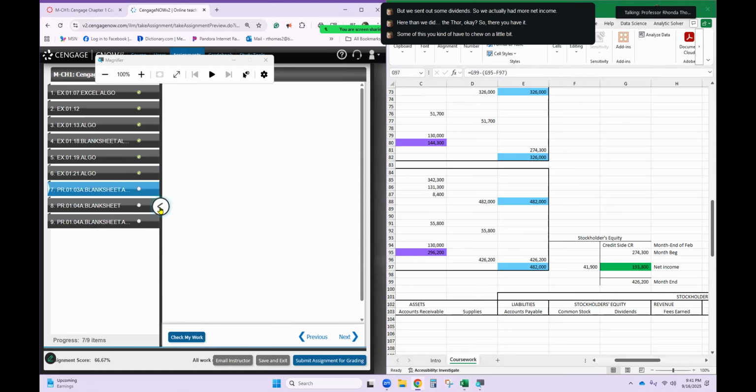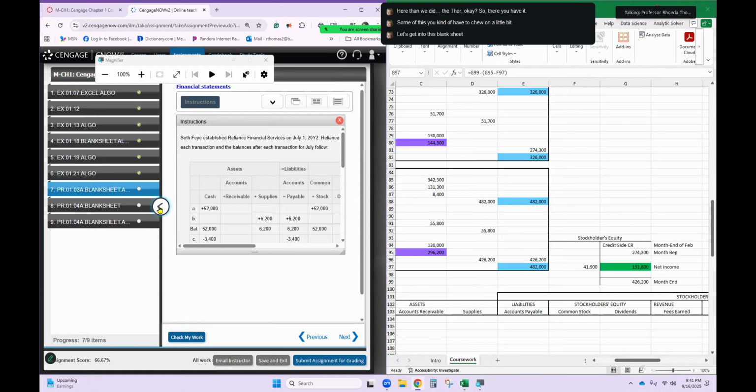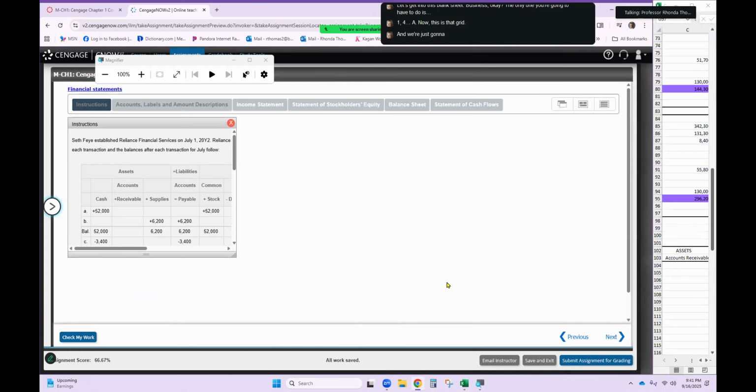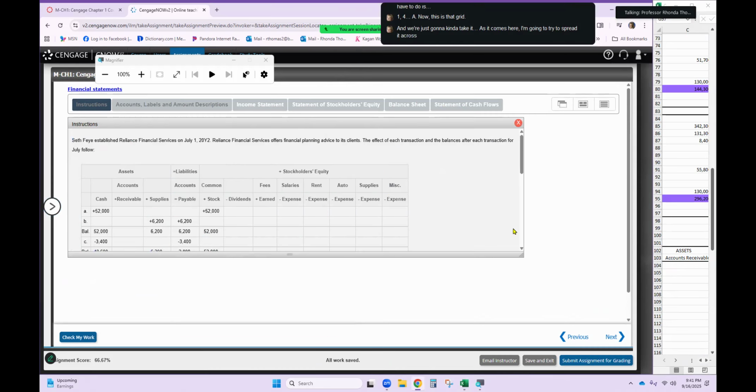Let's get into this blank sheet business. Okay, the only one you're going to have to do is 1-4A. Now this is that grid. And we're just going to kind of take it as it comes here. I'm going to try to spread it across so you can see it.